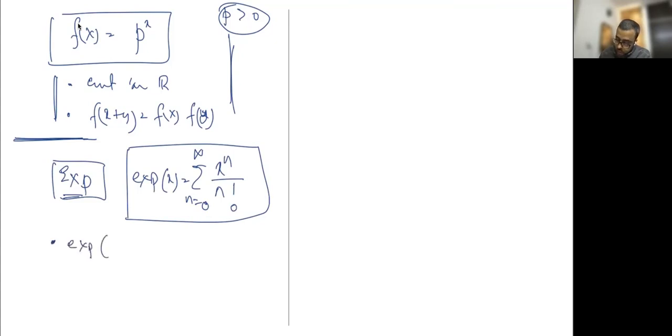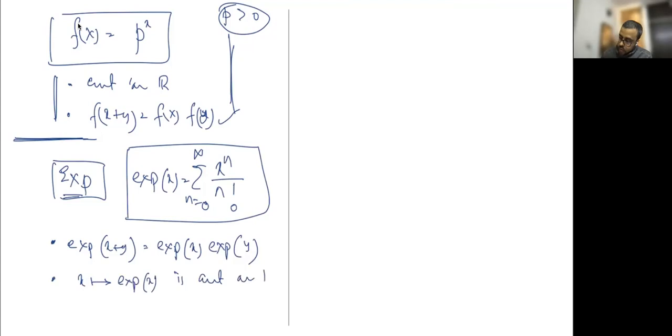One, using product of series, we have seen exactly a similar property for this function. Then this is continuous on the entire real line. At 0, it is 1.